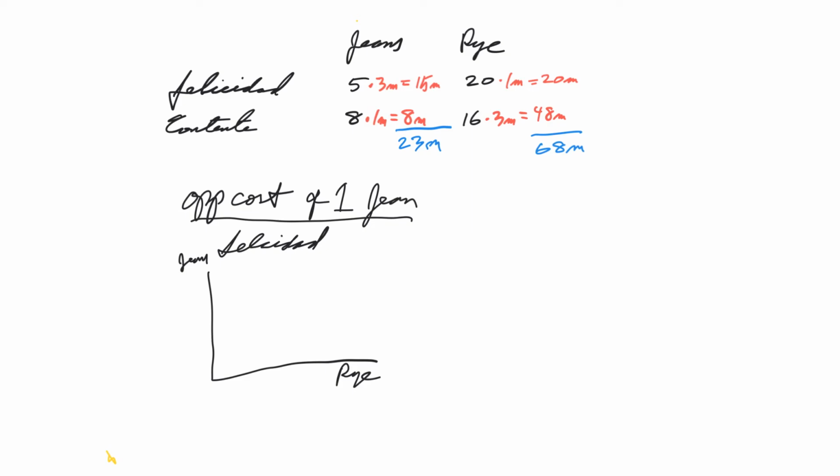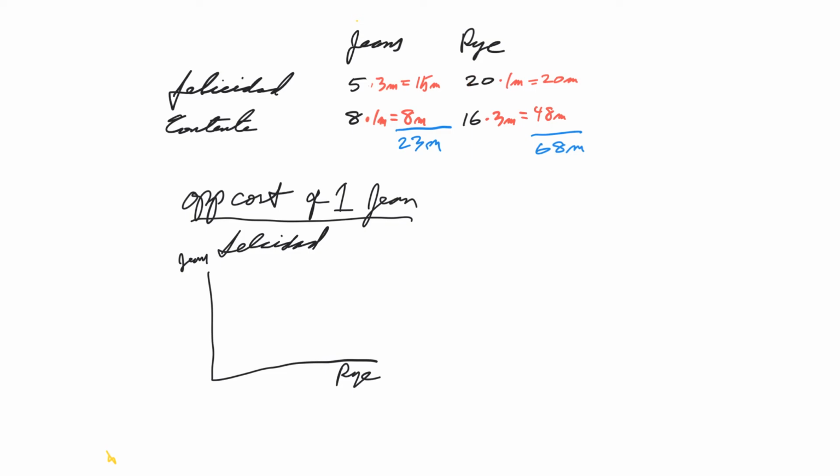Now, Felicidad, they can produce 5 jeans or 20 rye.